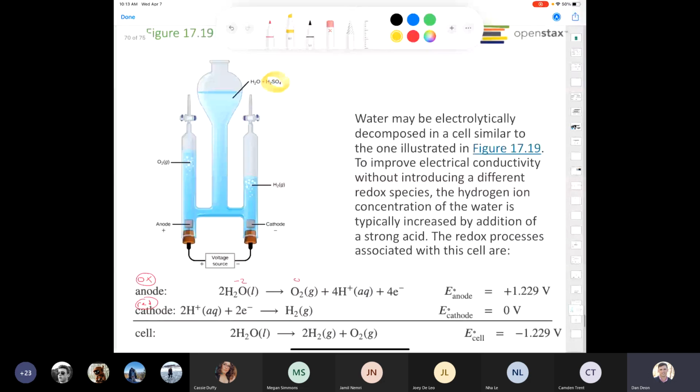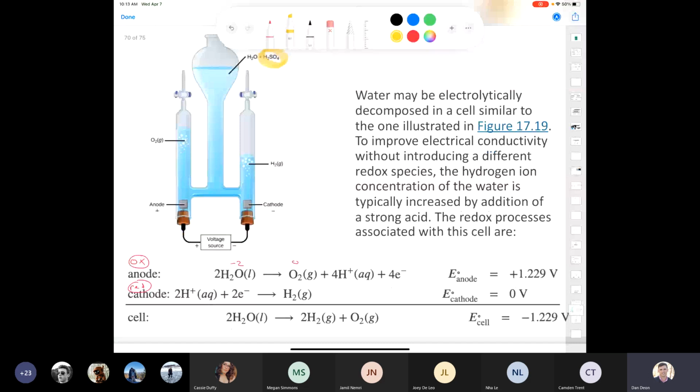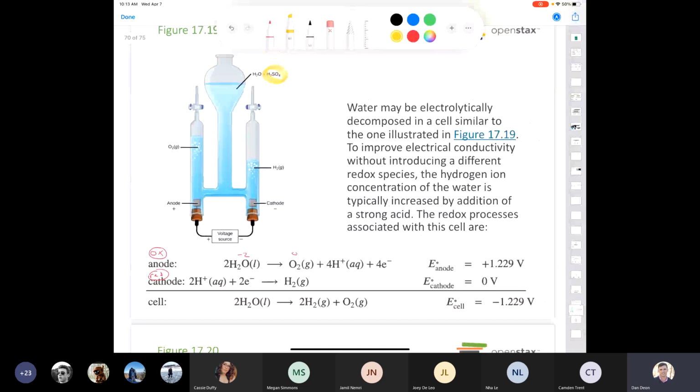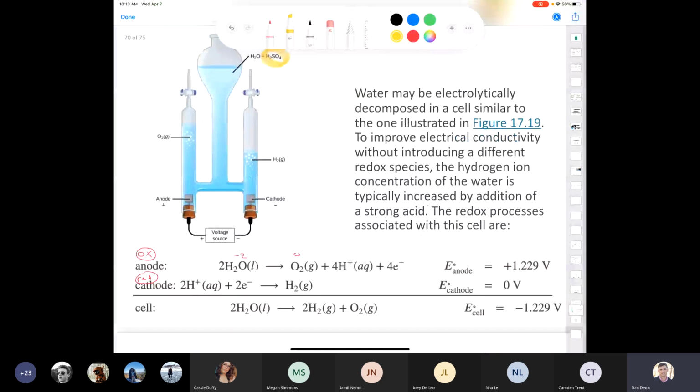Okay, it says water can be electrolytically decomposed, or we can perform electrolysis on water. To improve the electrical conductivity without putting in different redox species, we put acid in there to increase the hydrogen ion concentration. So what you're doing is you're reducing H+ ions or protons, right? Because we're going from an oxidation state of +1 to 0.